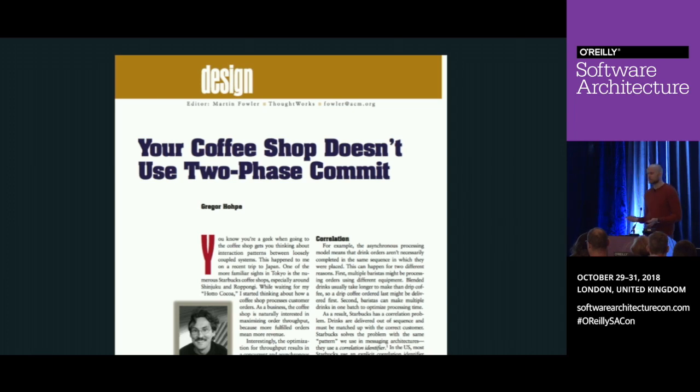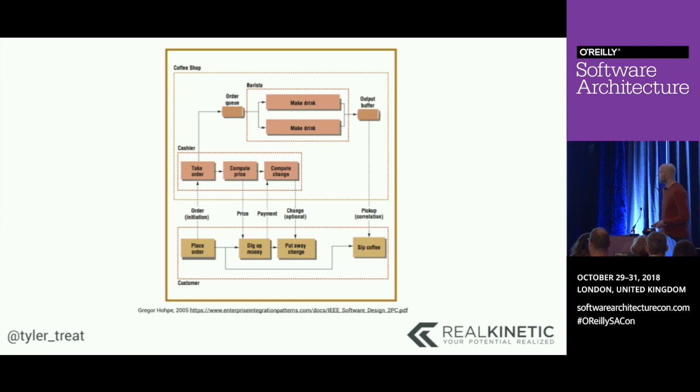And one of the things that he points out is that rarely do systems consist of one long synchronous interaction, but they typically consist of a sequence of short synchronous interactions with larger asynchronous things that kind of tie things together. And it's such a common pattern, in fact, that it has a name called the conversation pattern.